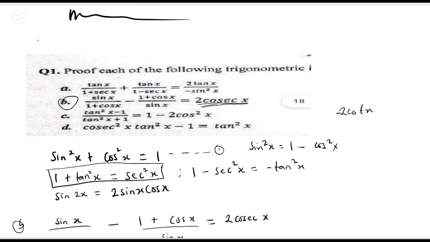So this shows that either the question is incorrect, or they are missing something, or we are missing something, right? But I'm sure we are not missing anything, so the question is not correct. The answer should be minus 2 cot x.